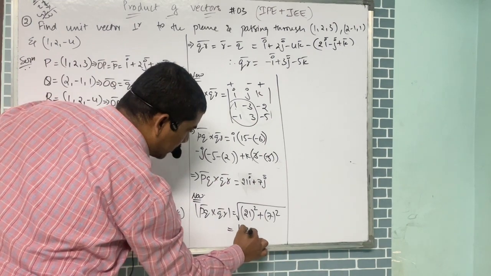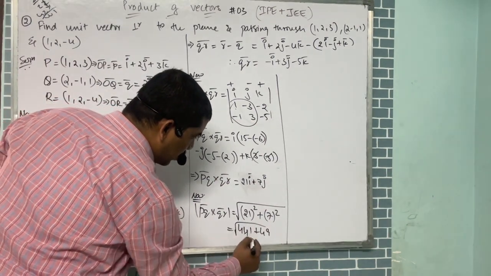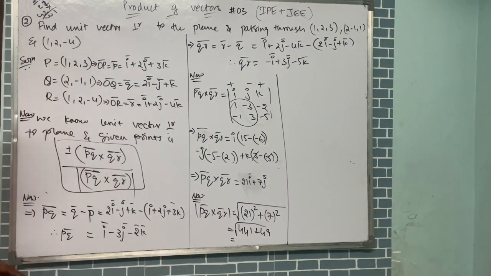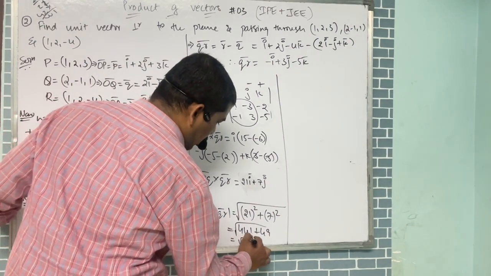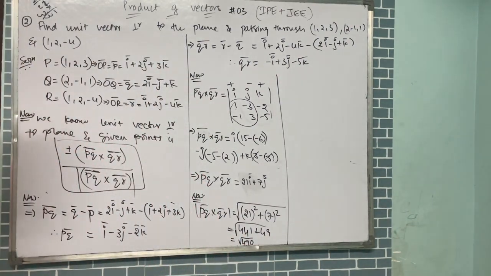So 441 plus 7 square, 49. So this will be how much? 441 plus 49 is 490. So square root of 490. Okay students, you can see on the screen that is square root of 490.